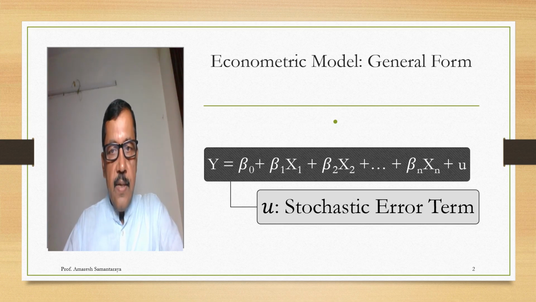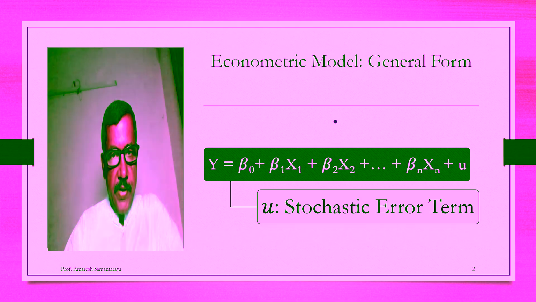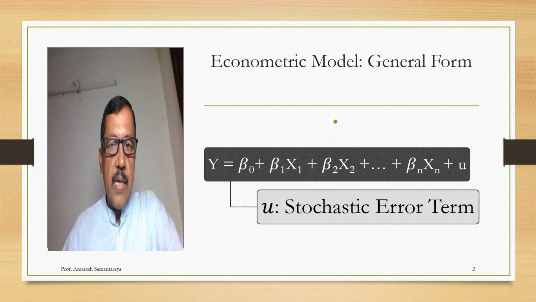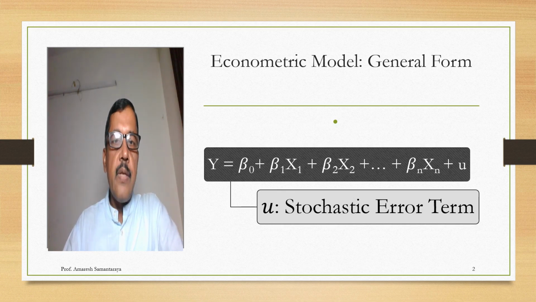So in general, your econometric model can take a form as given in the equation, where y will be the dependent variable or explained variable or left hand side variable. The dependent variable is the variable of concern, the behavior of which you want to analyze.